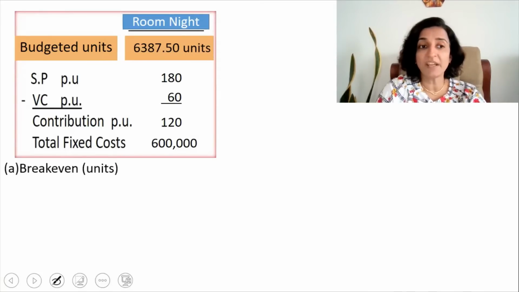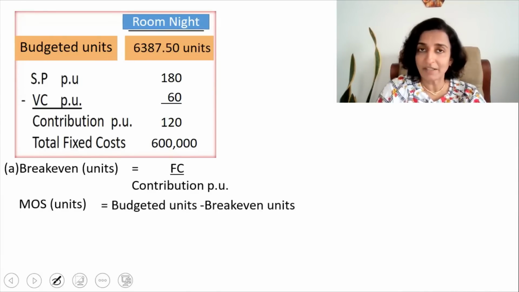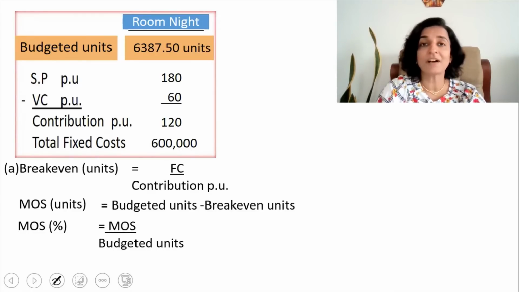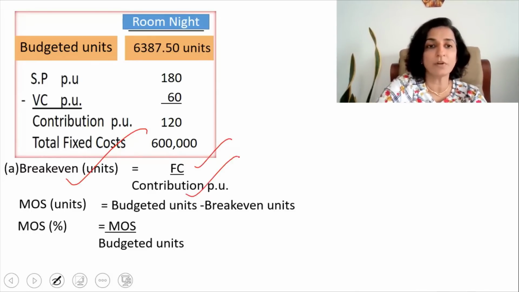The formula for break-even point in units is fixed cost divided by contribution per unit. Margin of safety in units is budgeted units minus break-even units, and the MOS as a percentage is MOS divided by budgeted units. Coming to the first formula, break-even units is fixed cost divided by contribution per unit.